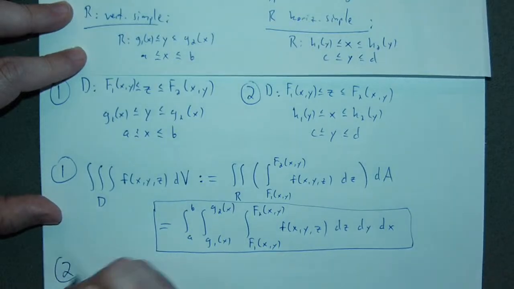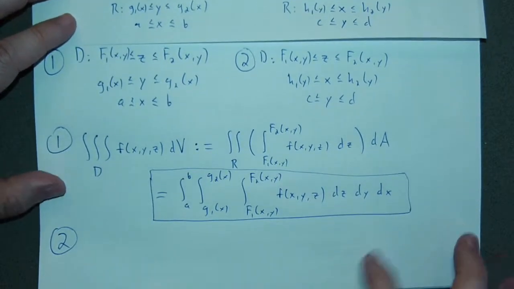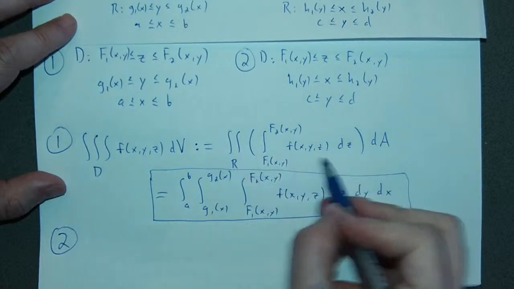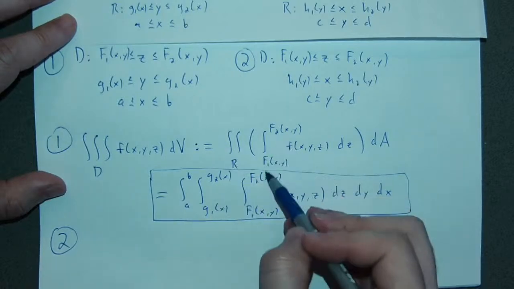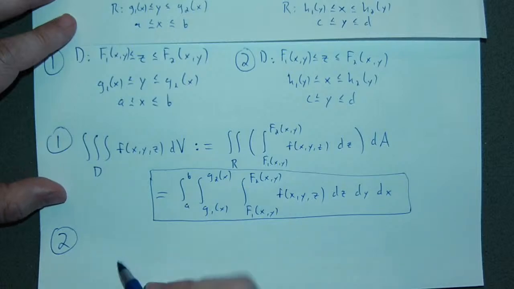So in the second case, the idea is I now have a region that's horizontally simple. I'm going to skip this intermediate step, but this is really what it is. It's a double integral over R of this integral. So the z integral always comes first in this case.